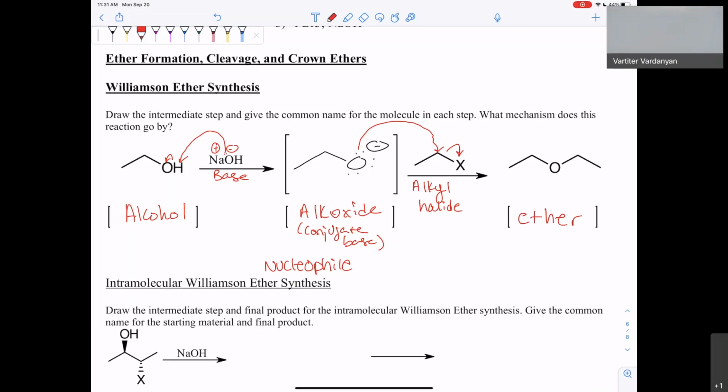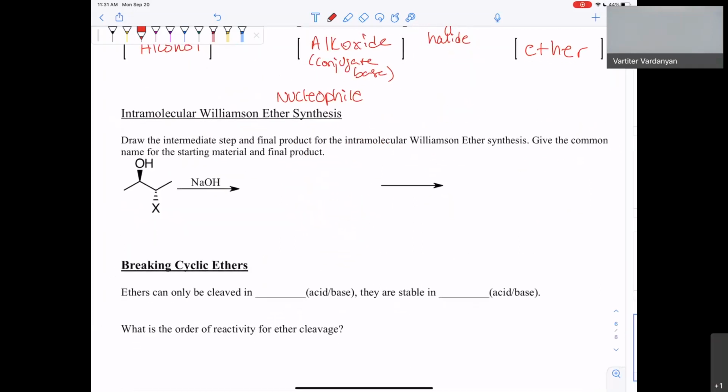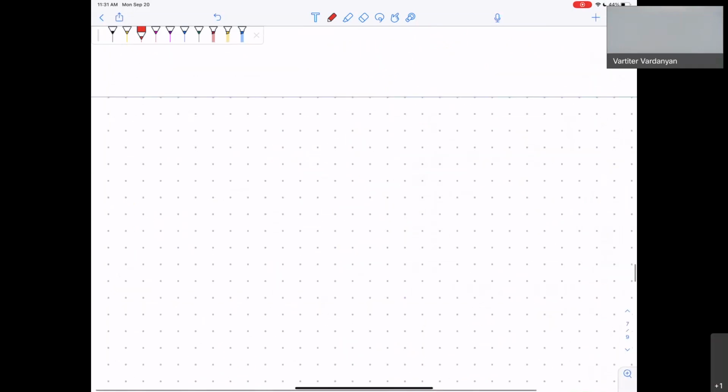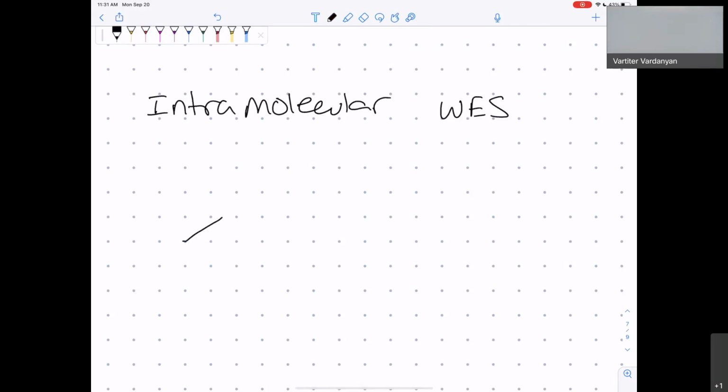So now we can actually do the reaction intramolecularly. And I'm actually going to go ahead and draw it, because I want to show you. So the premise of an intramolecular reaction is that our alcohol and our leaving group are on the same molecule.